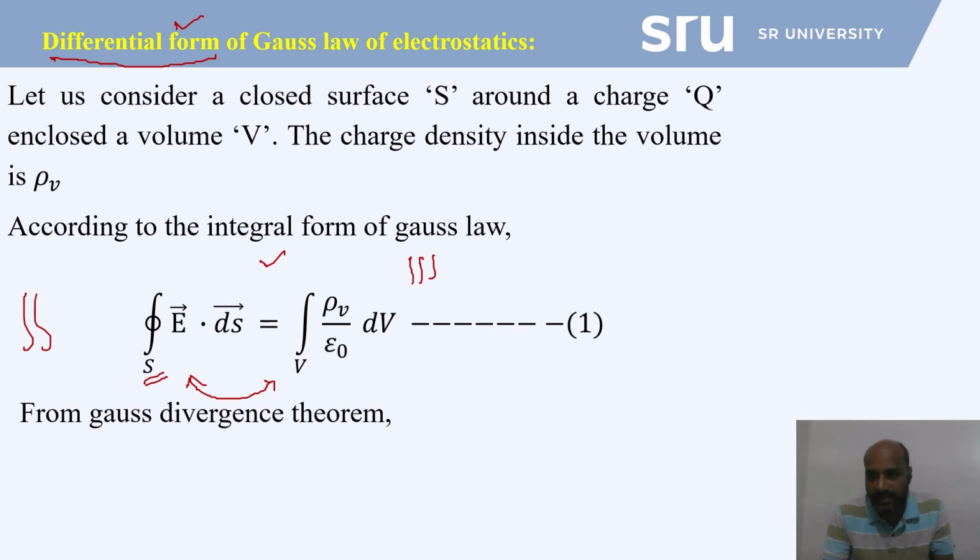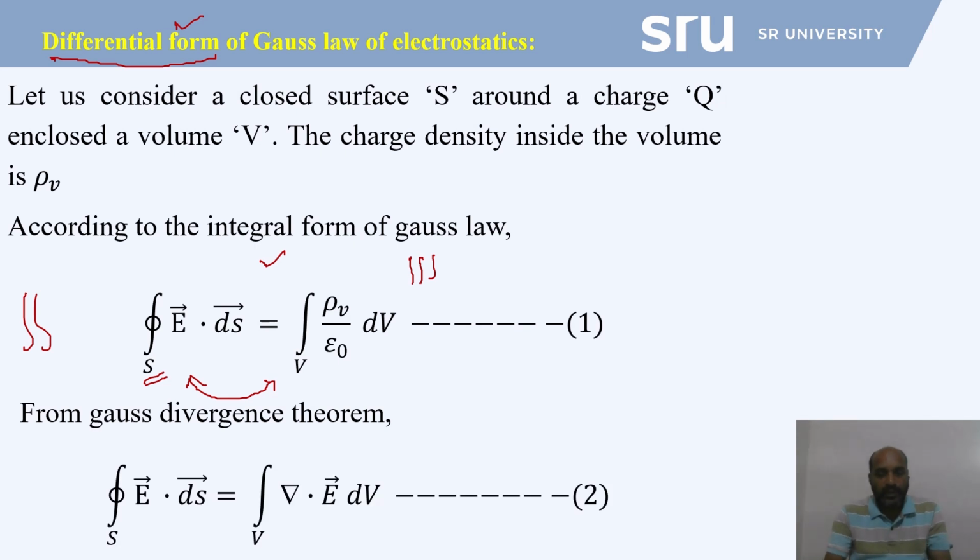And as per the Gauss divergence theorem, you can write this closed surface integral of E dot ds as the volume integral of del dot E dV. Here, del dot E is the divergence of the electric field.